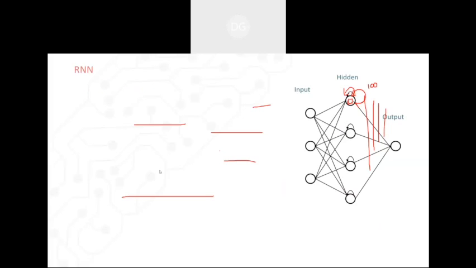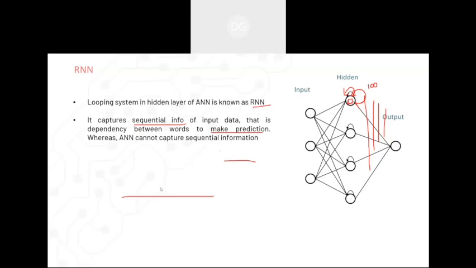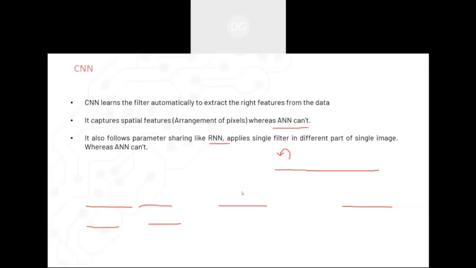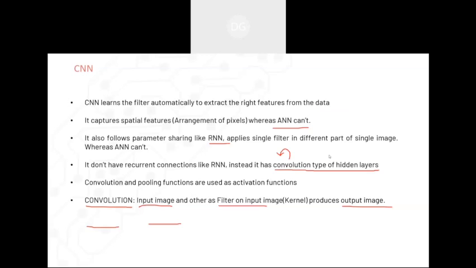In the ANN model, if you add recurrent connections, which means looping, we call it RNN. This is used in most cases mainly for natural language processing. And if we come to CNN, it is for images and video and other things. Here we are using different hidden layers compared to RNN and ANN. ANN cannot capture the spatial features which CNN has.